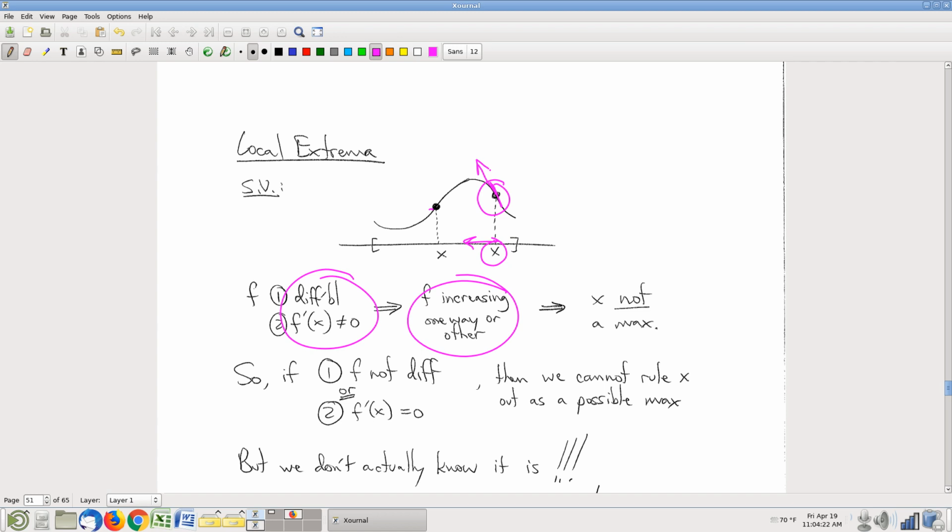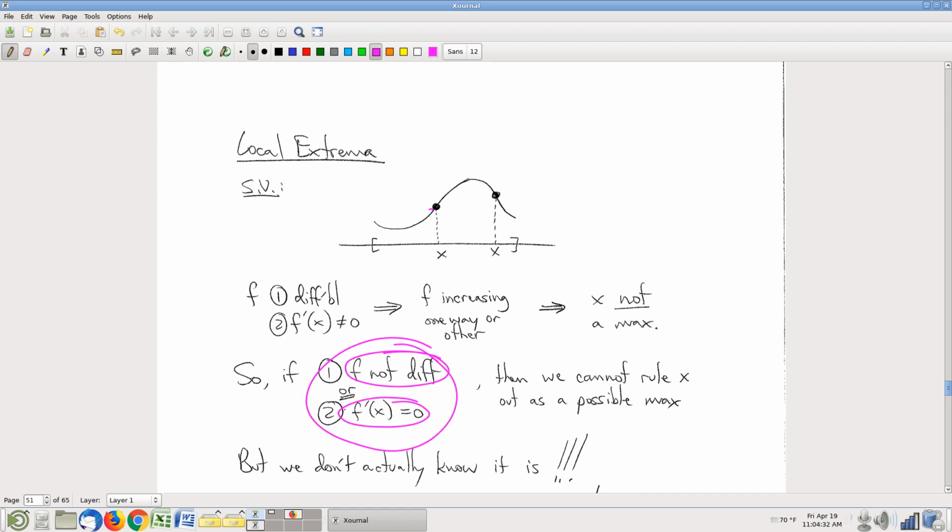So this is a process of elimination. When you do these calculations, when you look for where the function is not differentiable, or take the derivative and set it equal to 0, what you're doing is looking for instances in which these assumptions fail, and I can therefore not eliminate the point as a possible maximum.